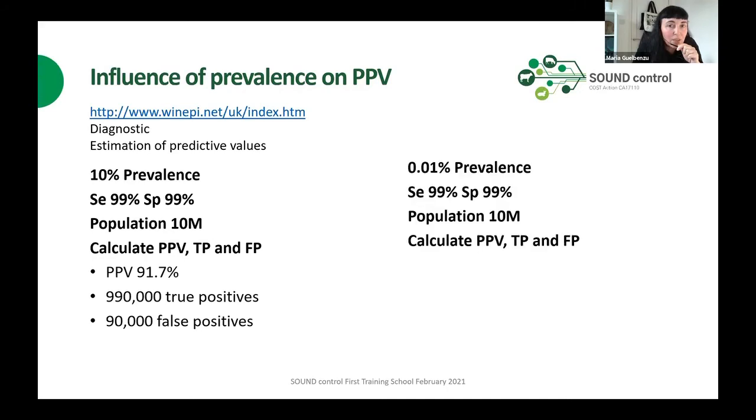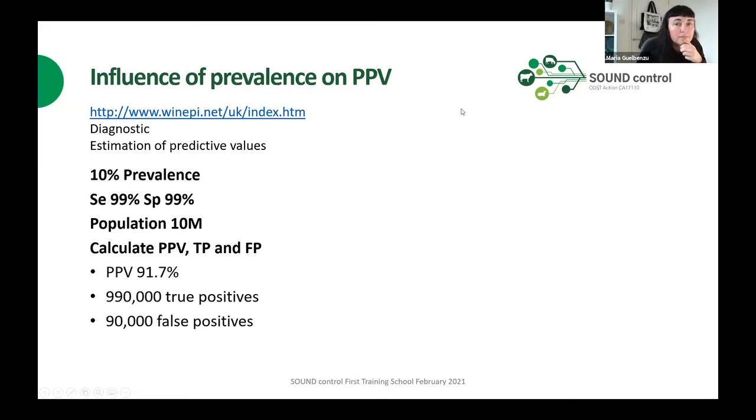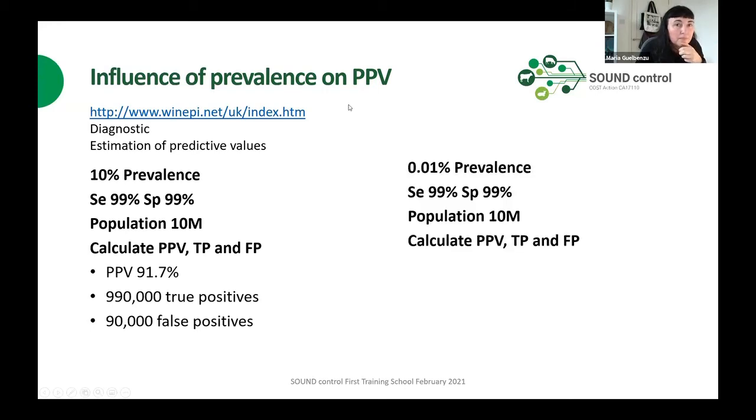Okay, so let's have a look now at exactly the same characteristics of our test and population, but now we're going to go to the end of our disease eradication, with 0.01% prevalence.